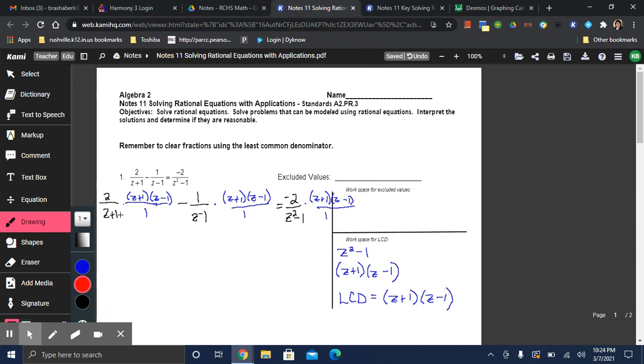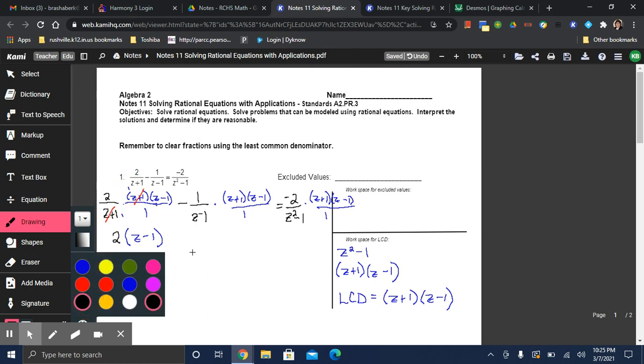So next we will cancel. So z plus 1's cancel. And so we have the 2 that will multiply by the remaining z minus 1. And then we have a minus 1. And canceling is z minus 1.